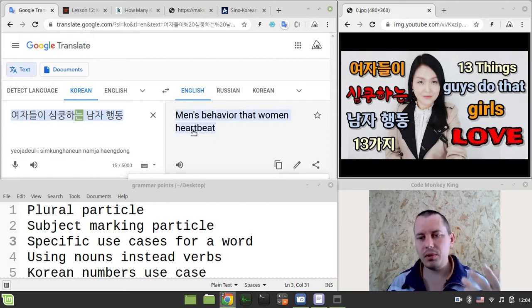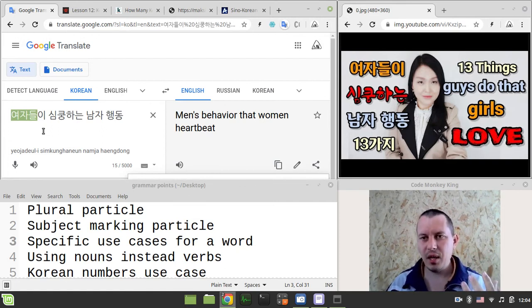And in regards to this word heartbeat, we also can say, okay, so with the topic marking particle, we're talking about something that makes women's hearts beat faster. This is the matter of how Koreans think, and it's so awesome that we can reveal these hidden patterns of thinking within YouTube video thumbnails, believe it or not. And then we're talking about what actually makes women's hearts beat faster.